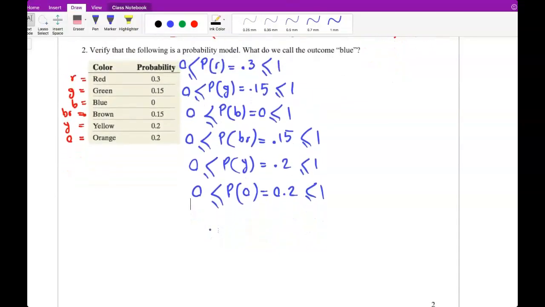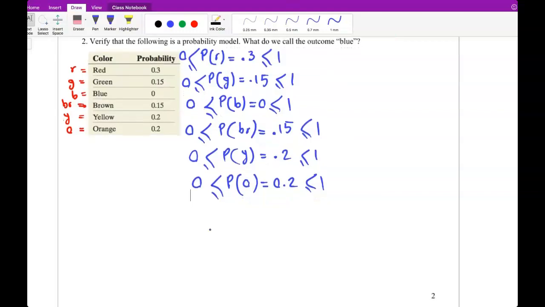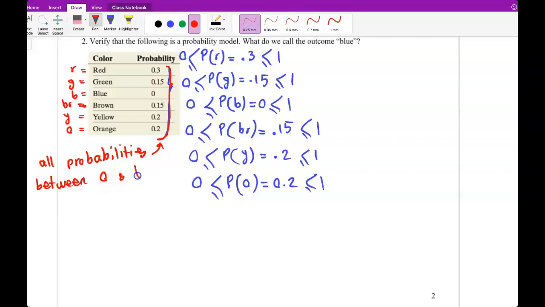So all of these probabilities are between 0 and 1, meaning that we satisfy the first rule.